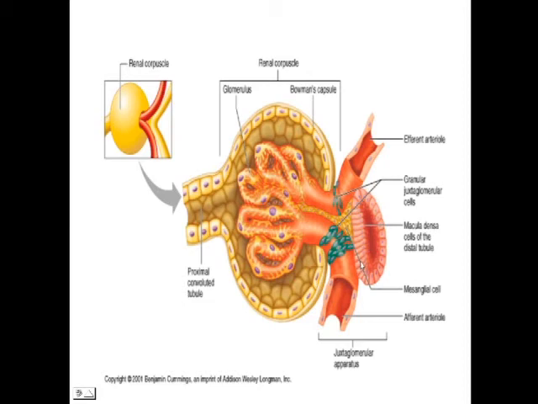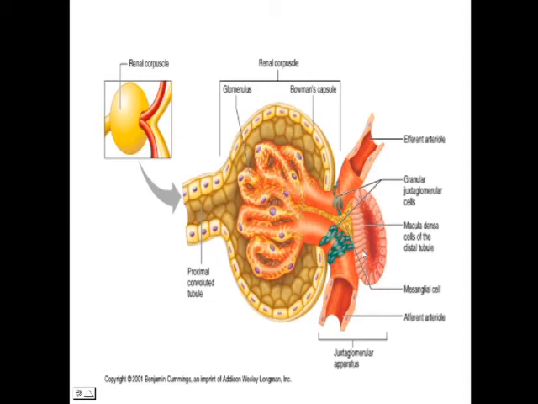Macula densa is a specialized region of the distal convoluted tubule at its commencement, where the tubule comes in contact with the afferent and efferent arterioles at the vascular pole of the renal corpuscle. In this region, the simple cuboidal epithelium of the distal convoluted tubule shows several modifications.